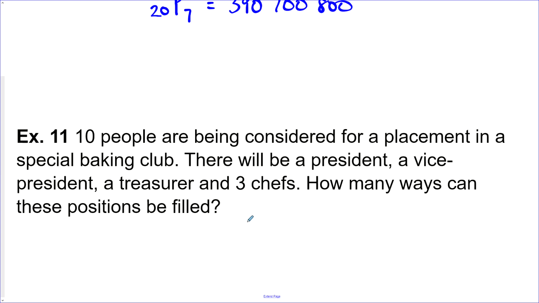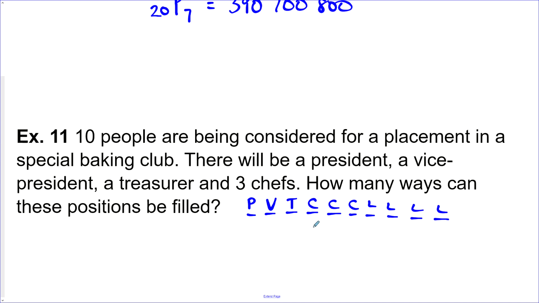So 10 people, 1, 2, 3, 4, 5, 6, 7, 8, 9, 10. A president, fine. Vice president, treasurer, 3 chefs. And then we're going to have 4 people who are just the lowly cooks, or maybe they clean up after. So this ruins it. We can't use our shortcut formula.